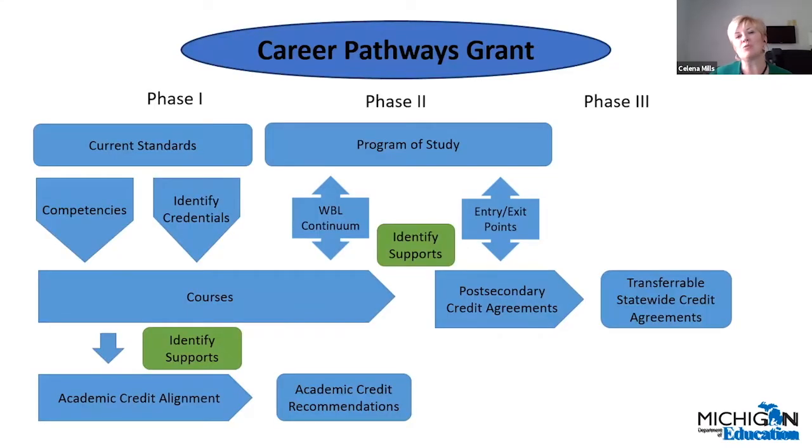So their project was really to take two things, the current standards that we have in our gap analysis document and credentials that employers thought were very valuable and that they either required or preferred for hiring, and to take those and try to find an alignment between them.